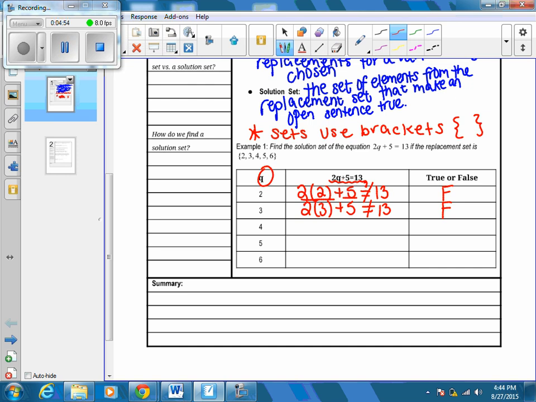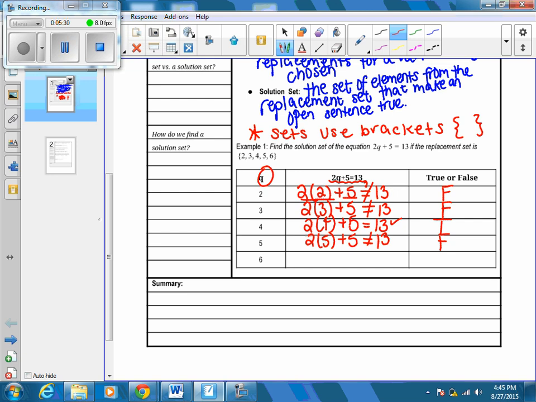Okay, so now if I go to 4, 2 times 4 is 8 plus 5. That does equal 13. So far, 4 makes that statement true. Now if I try 5, 2 times 5 is 10 plus 5, which equals 15, so that statement is false.